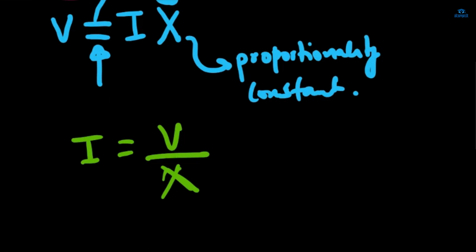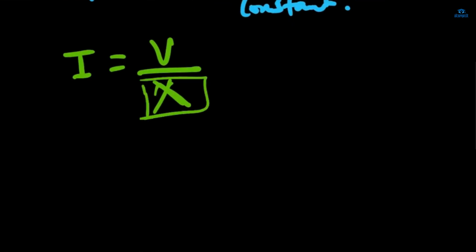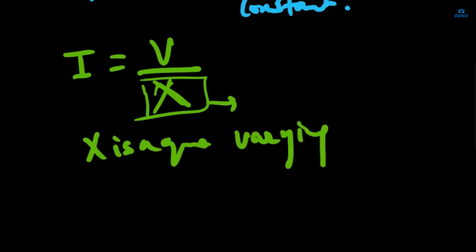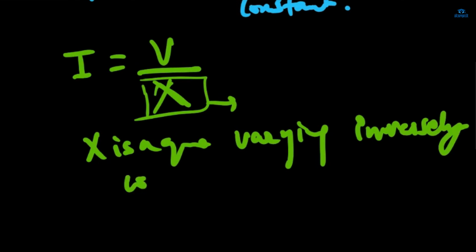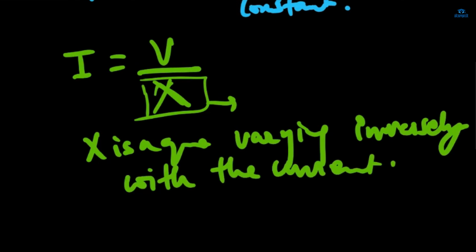Right? It means that this x is a quantity which is varying inversely with the current, right? It is varying inversely with the current, means it is stopping the current to flow in the circuit. It's providing hindrance to let the current flow in the circuit.